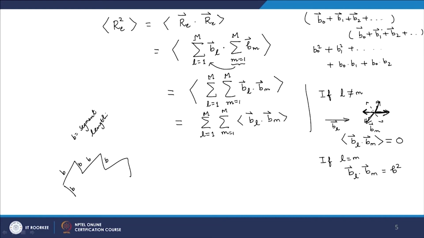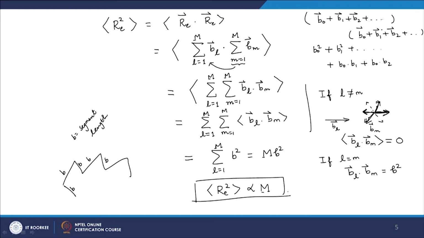So, then we can replace this particular sum by something like b squared, which is equal to M b square. What it really means is R_E square is proportional to M.